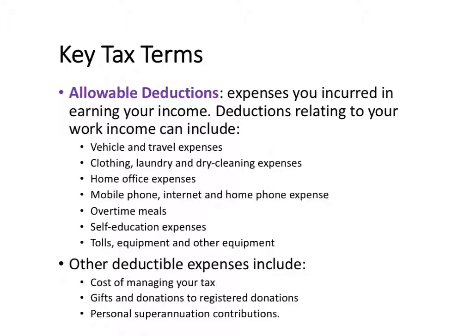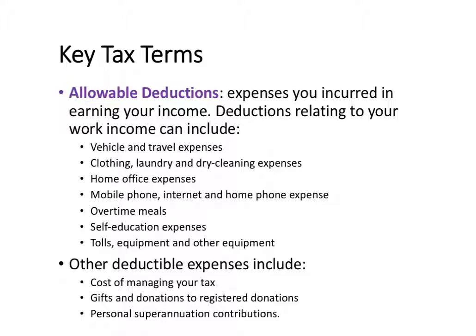In addition to that, you can also claim some general deductible expenses, and they are the cost of managing your tax affairs. So if you want to lodge a tax return and you go to a tax agent to submit that on your behalf and they charge you an invoice, you will be able to claim that on next year's tax.